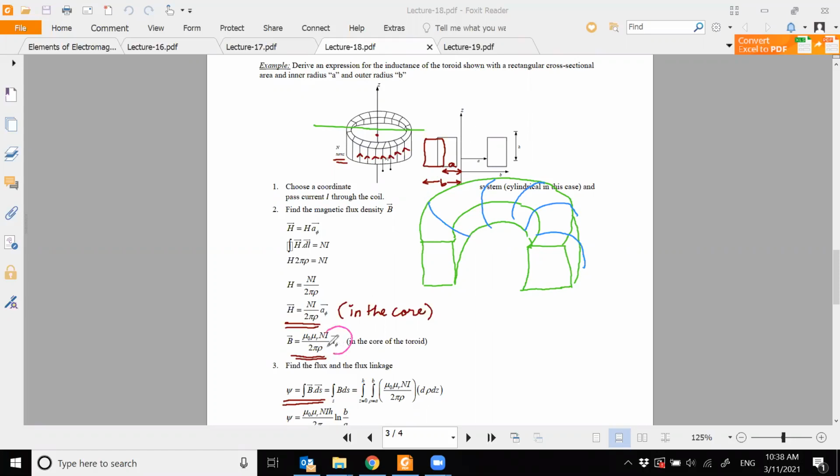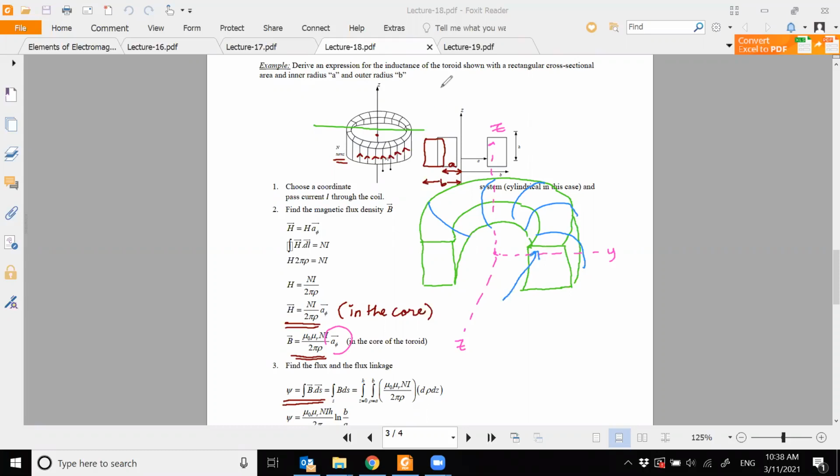It is a phi. That means if this is my z axis and this is my y and this is my x, then how would be my a phi? My magnetic flux density will be going in this direction.